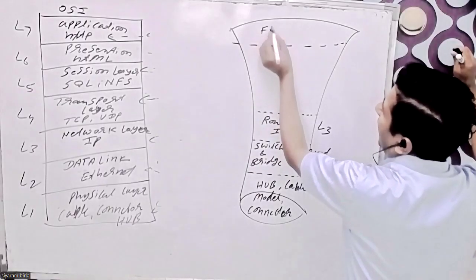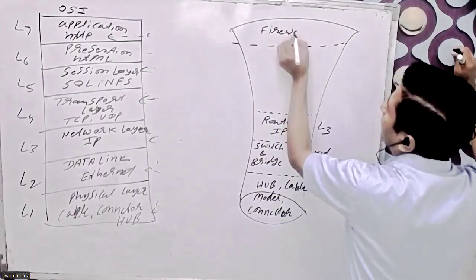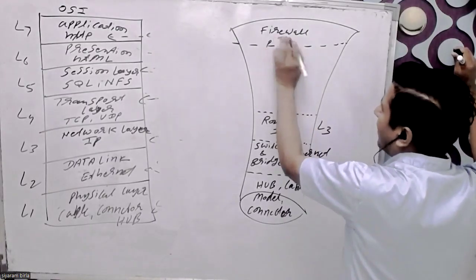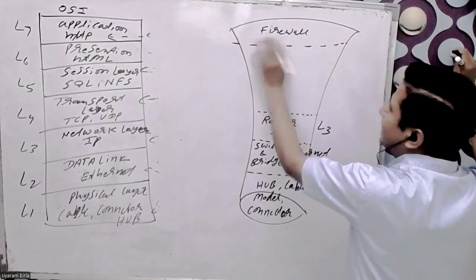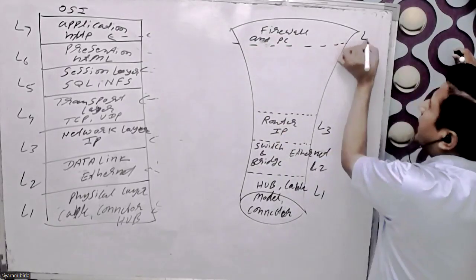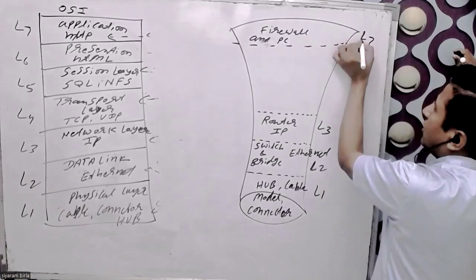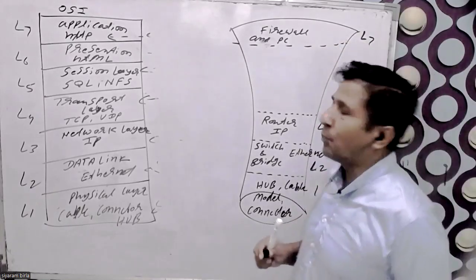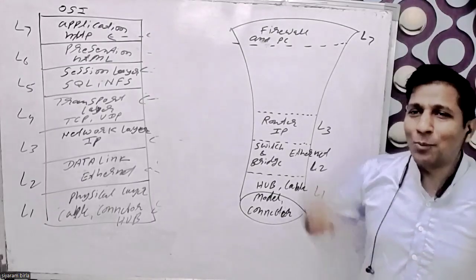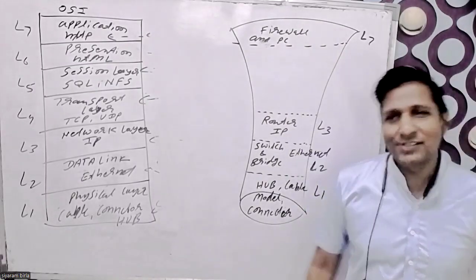That is called the firewall. Firewall, or I can say PC is also there. Both firewall and PC are working at layer 7. They have more capability, more understanding.